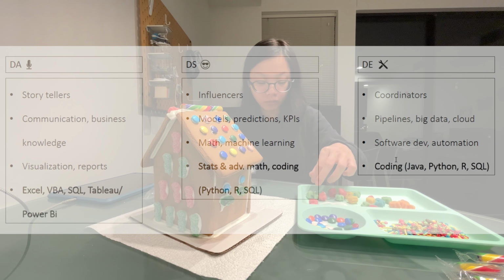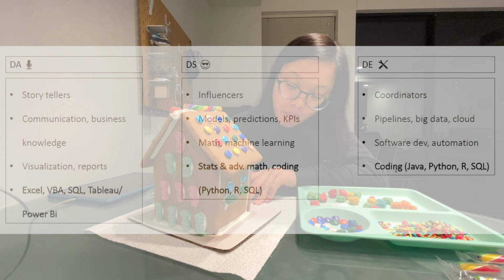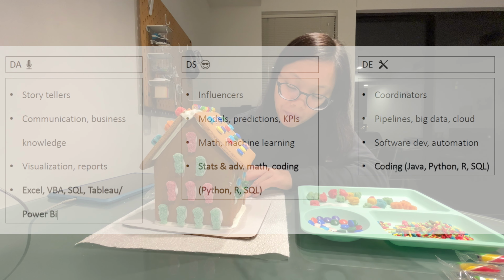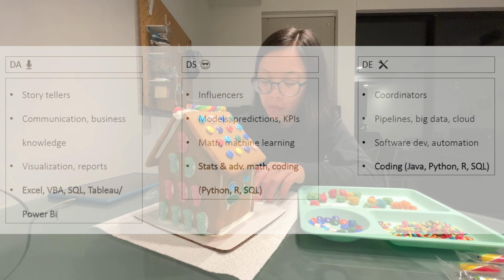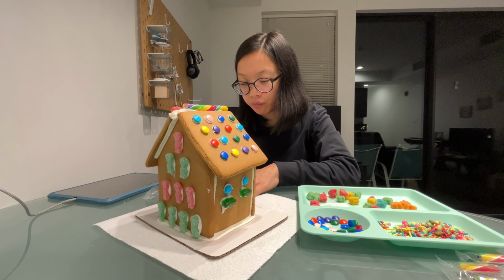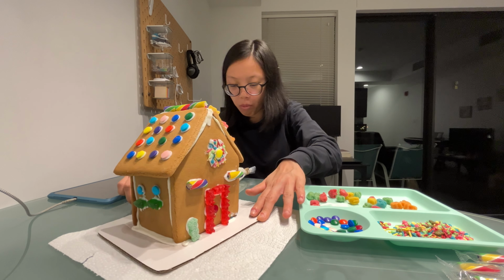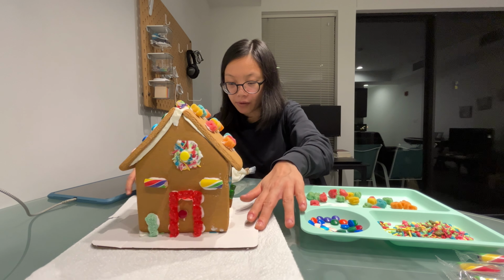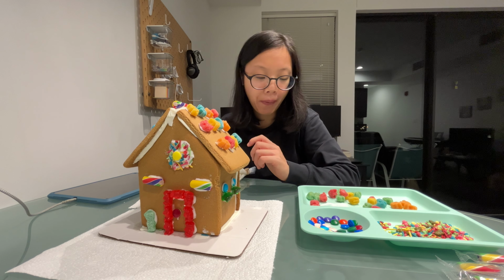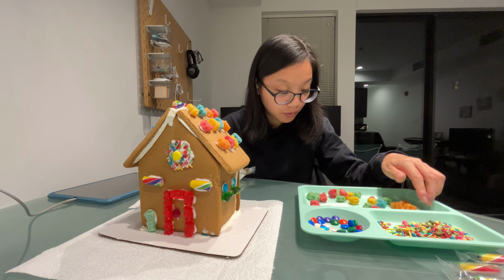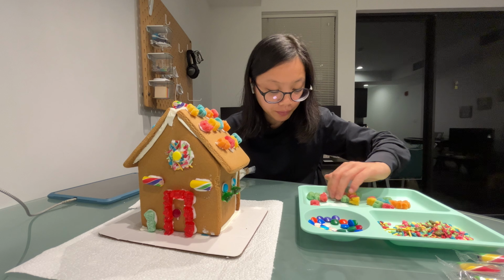And then for data engineers, it's coding. So in my research, it looks like Java, Python, R, and SQL are the main ones. I don't personally work with Java. I use Python. R, I don't use for work. I use R for fun. I use Python and SQL at work.